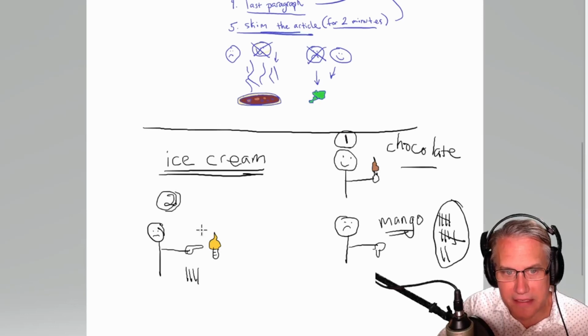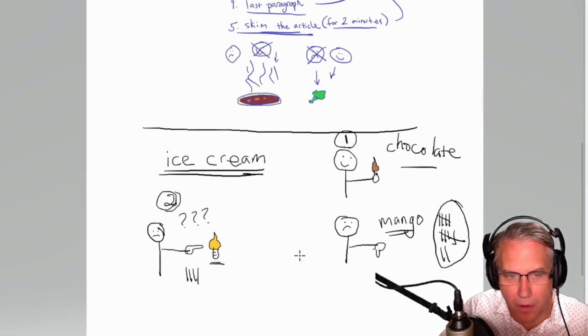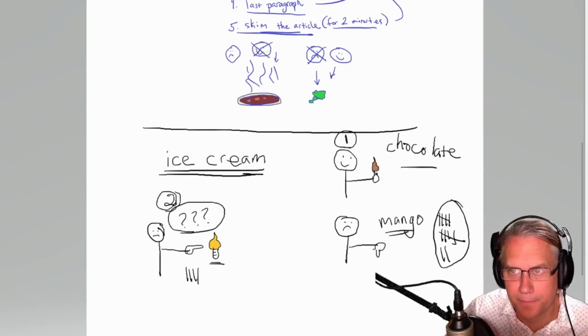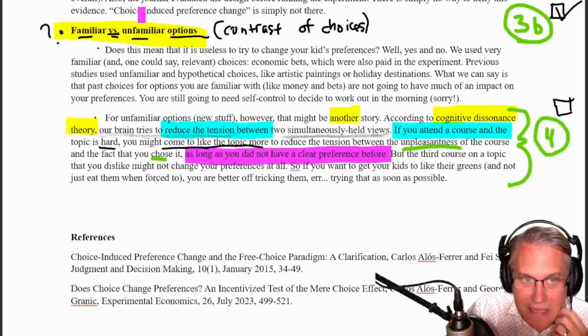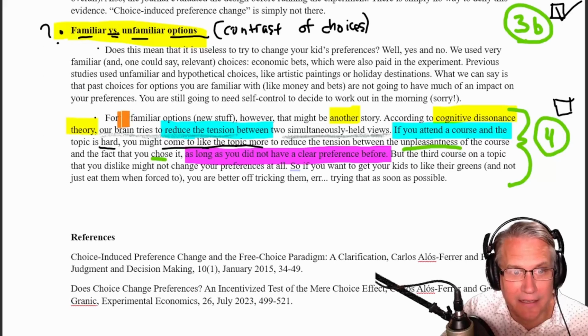That in the second scenario, this is a new, unfamiliar flavor, and they didn't have a decision, where this one, they knew the mango was a no. So it's this idea of going into it not being sure. It's unfamiliar. Okay, that's the idea there with unfamiliar. Fine.